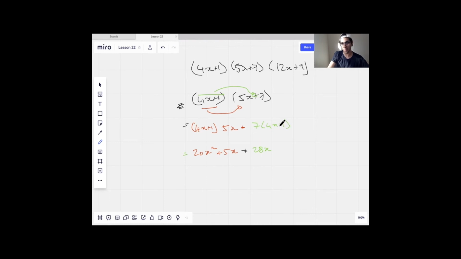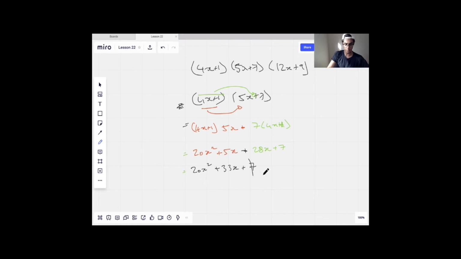see, this is the issue with having poor handwriting. You get confused about what this is. That's a plus 1. So 7 times 1 is plus 7. And now if we collect all of those, we have 20x squared, 28 plus 5, what is that, 33x, plus 7.